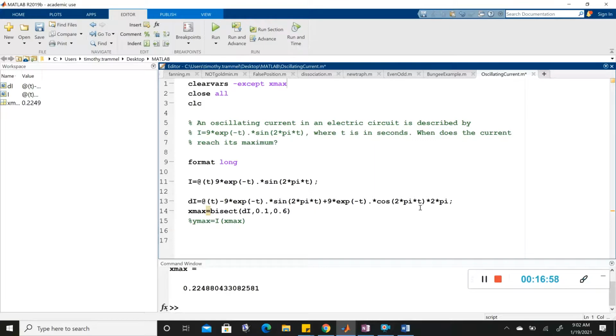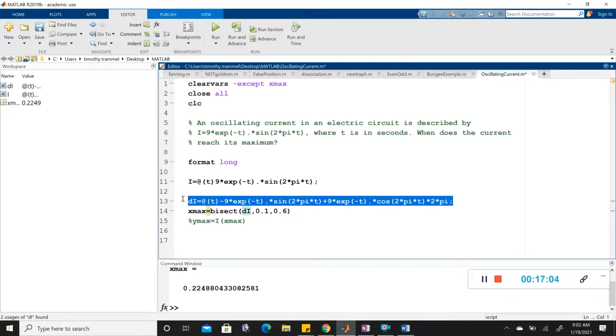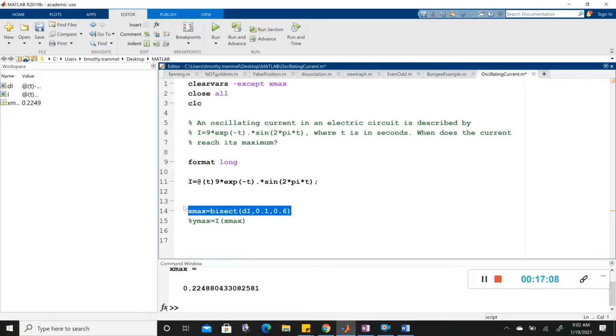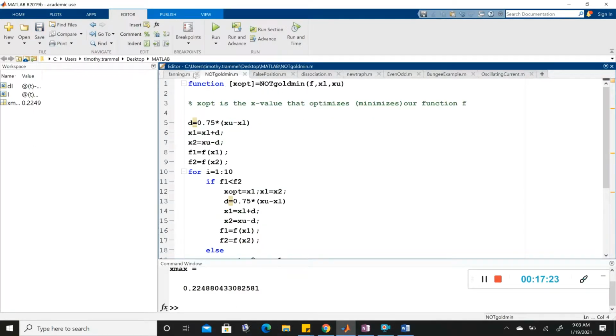Okay, so next thing is we actually don't need this derivative anymore. Let's go ahead and delete it. And we'll delete this bisect portion here as well. And so we'll go in here and we'll do not Goldman. Okay, and then with our Goldman function here, the first input should actually be the function.